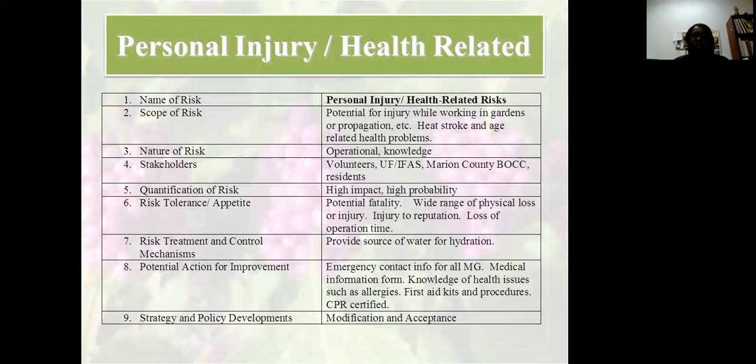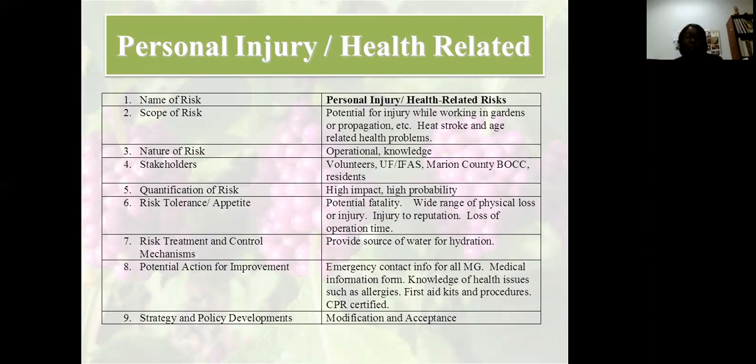So personal injury, health-related. Of course, we're all dealing with senior citizens for the most part, our Master Gardener group. And so the potential for injury working in the gardens is great. So heat stroke and age-related health problems. And this is for both your stakeholders.